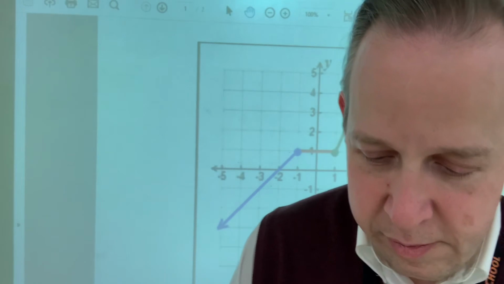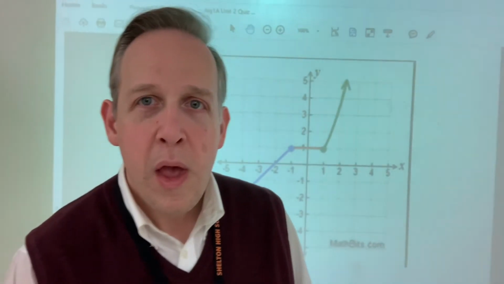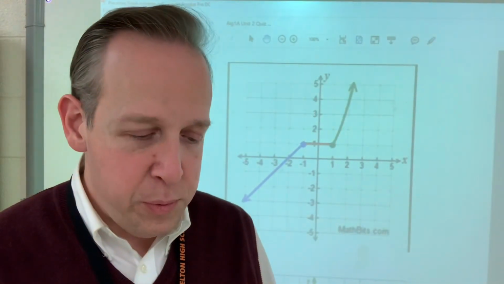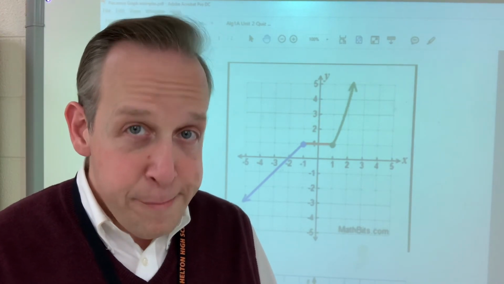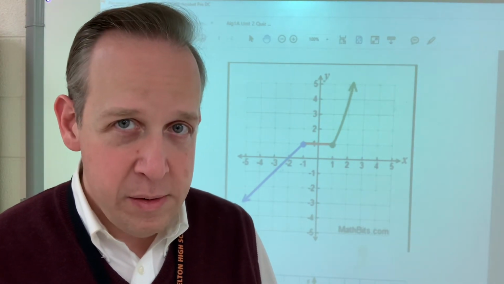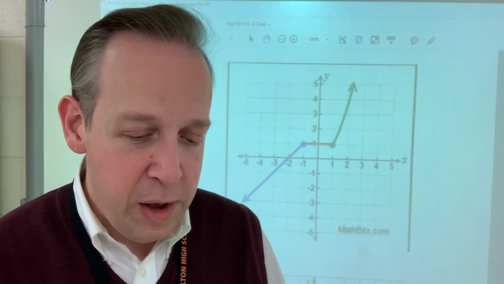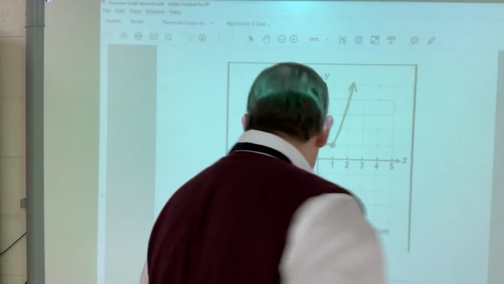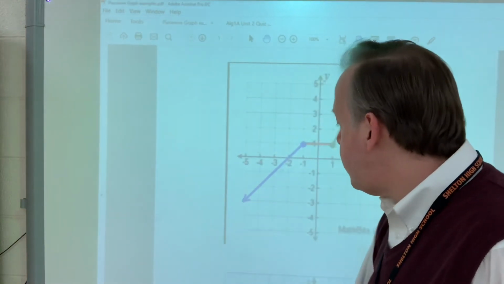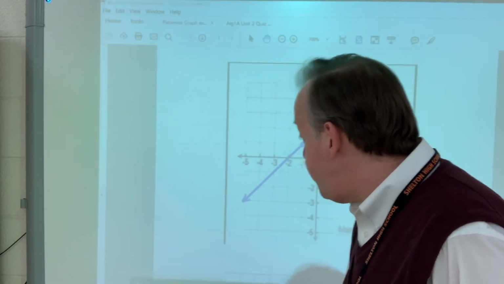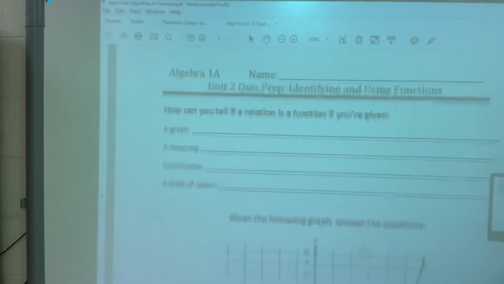Make sense? Okay, so if you wanted to do more practice with this or move forward with this review, a good place to look is the next page in the packet, which is also your homework assignment. So what I'd like you to do is go to the next page in the packet and start doing that assignment. This is the homework assignment for the day.